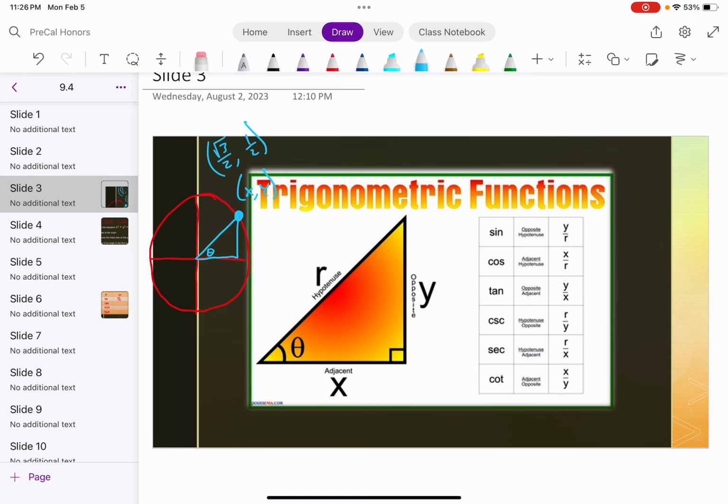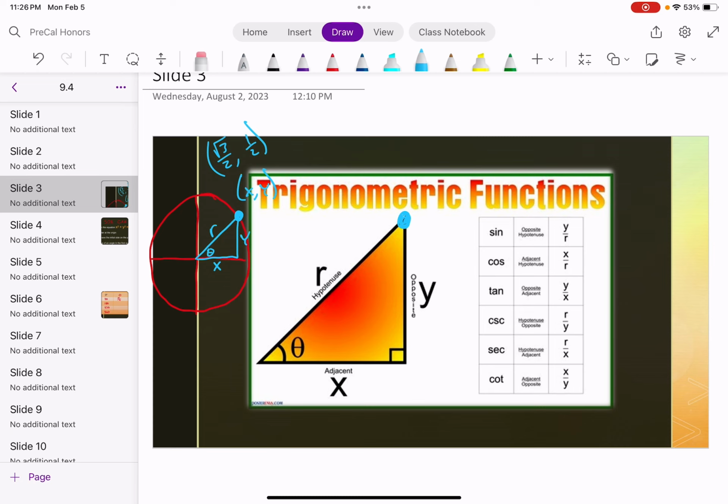At that location is exactly where this tip right here would touch the outside corner of your unit circle. So understanding that this right here would be your radius, this would be your x, and this would be your y.